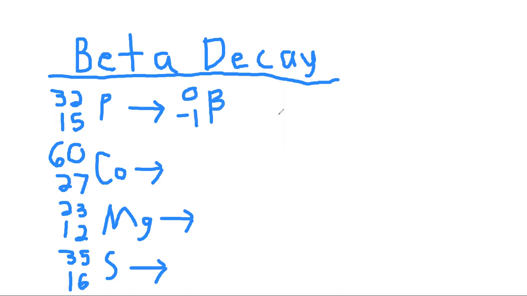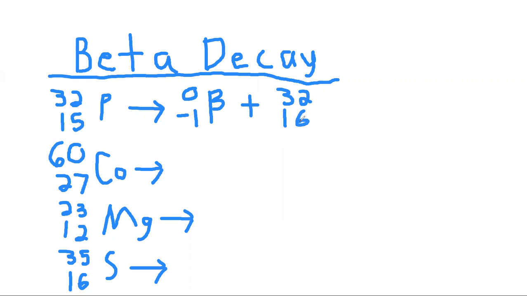And just like before with the alpha decay, we need to make sure that the atomic masses and atomic numbers on both sides match. So since the mass of the beta particle is 0, we're still just going to have a mass of 32. And since the atomic number is -1, we're going to have an atomic number of 16.